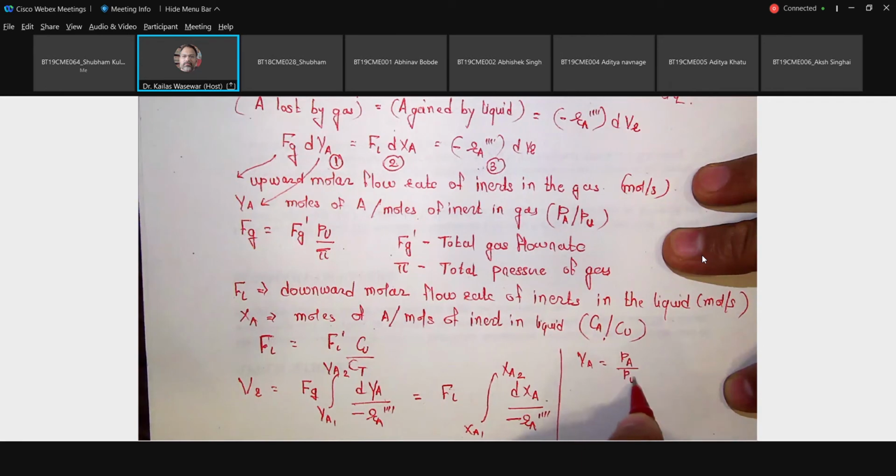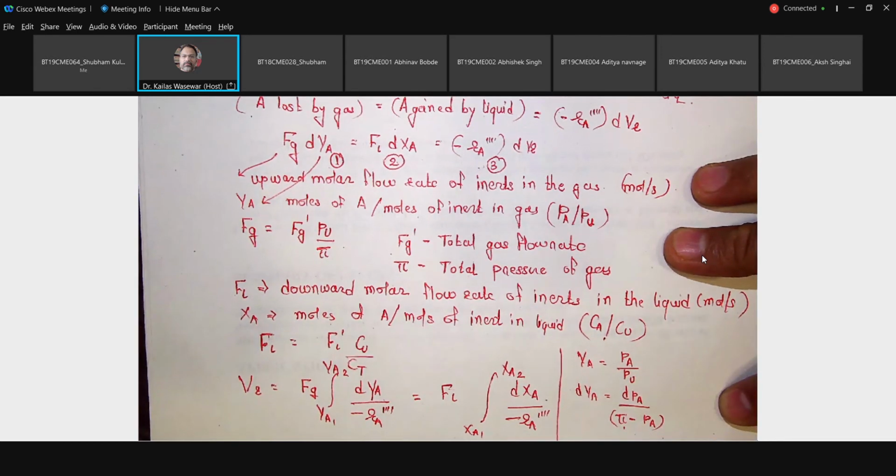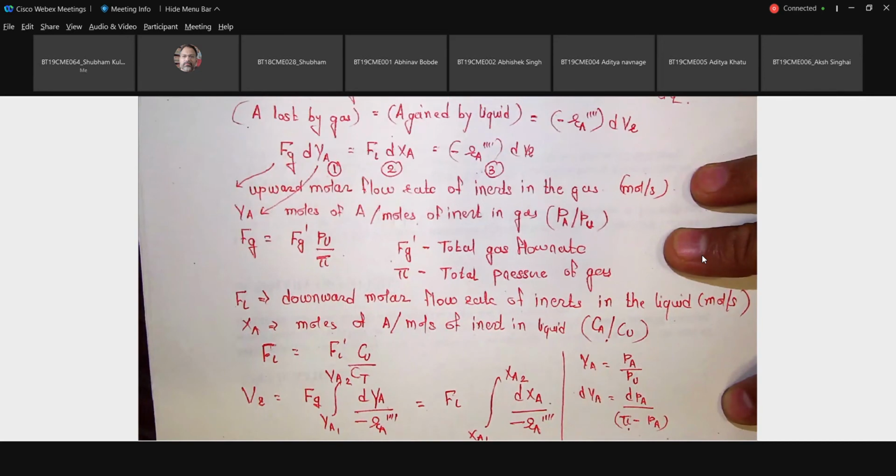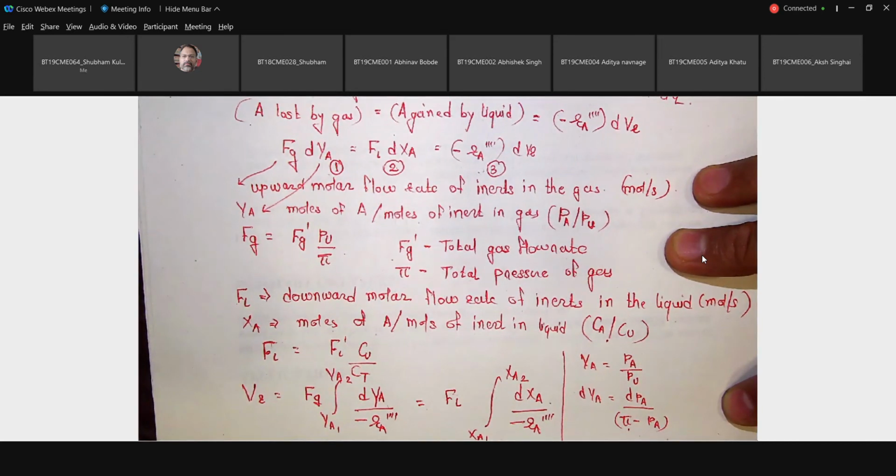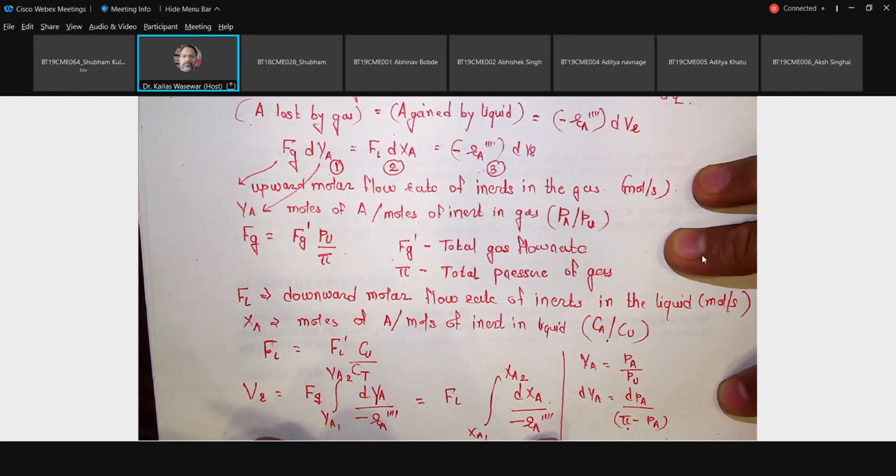So dYA is equal to dPA upon PU. And PU will be nothing but what? Pi minus PA. Is it? Or Fg can be replaced in terms of the total. So this way you will have the mass transfer equation. Now for this particular equation, if I write here Ra double prime, small a will be here.